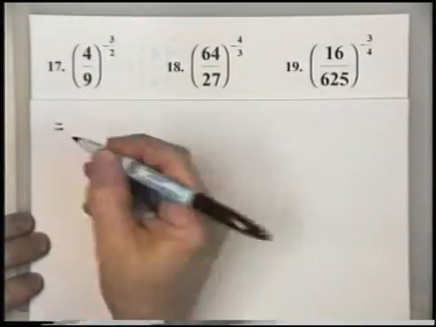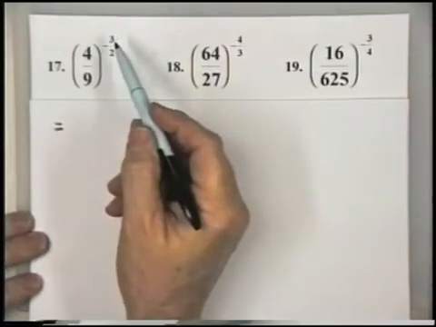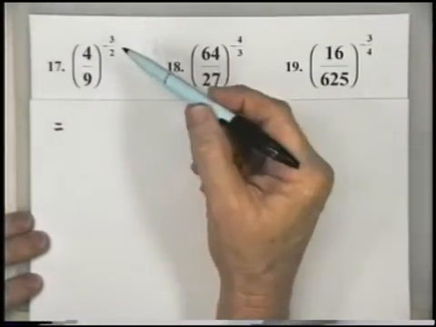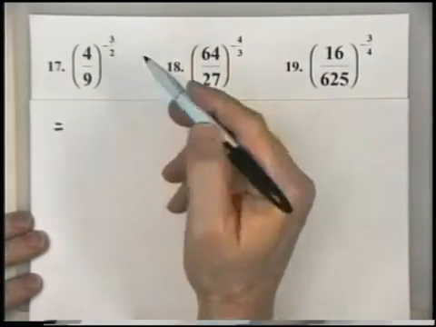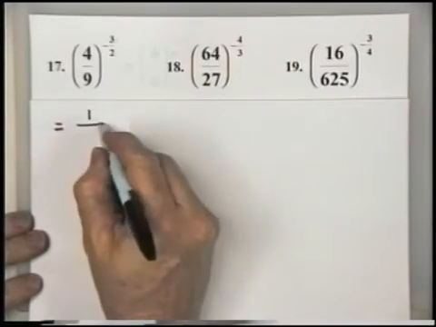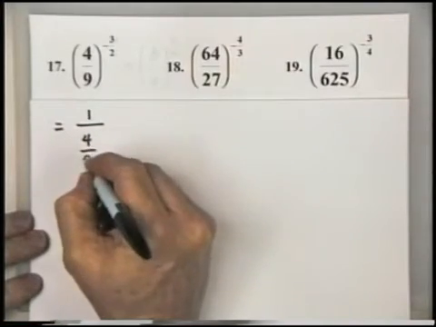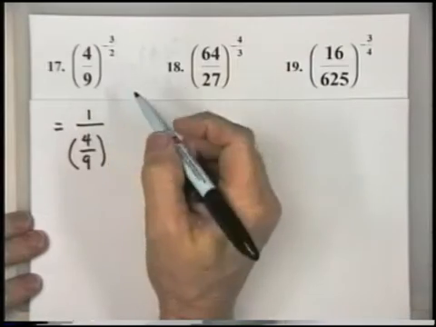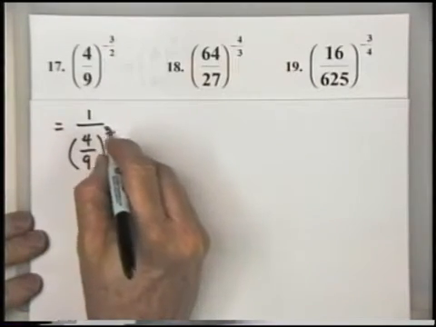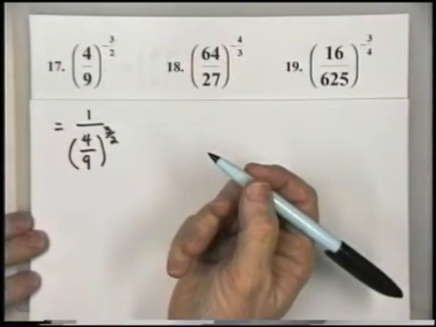So let's do this one maybe the way, kind of how we did before. A negative exponent, we know that means that we're going to take that base, 4/9, and raise it to the negative of that exponent in the denominator.